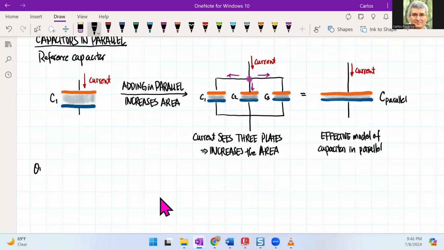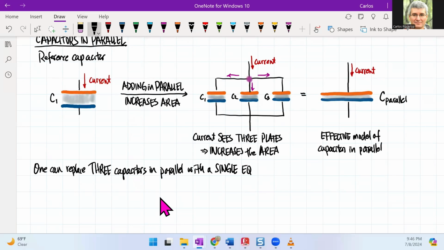So one can replace 3 capacitors in parallel with a single equivalent parallel capacitance.